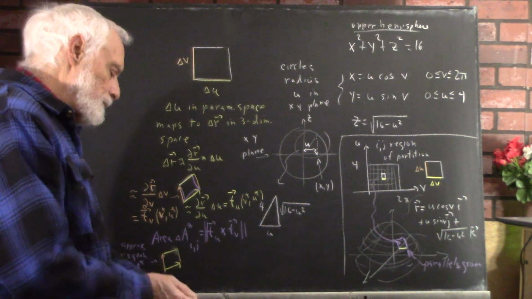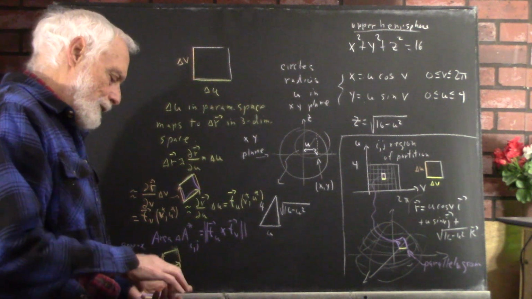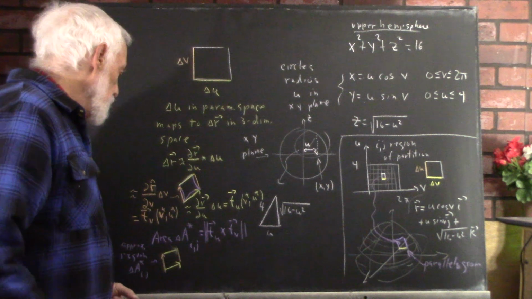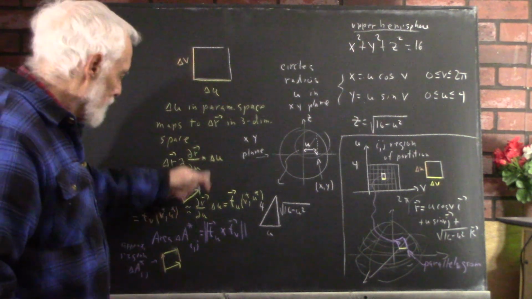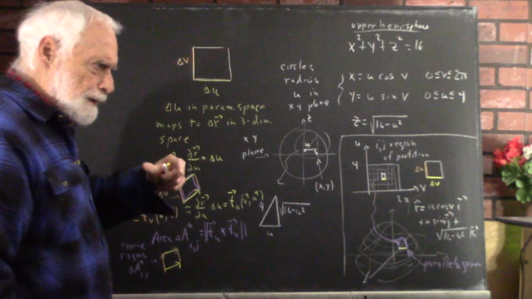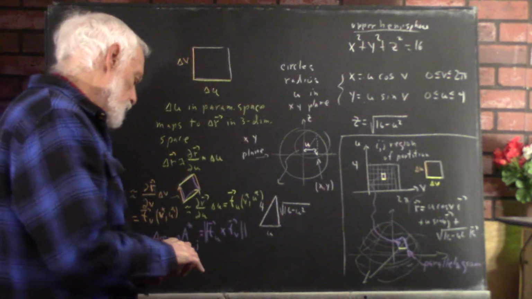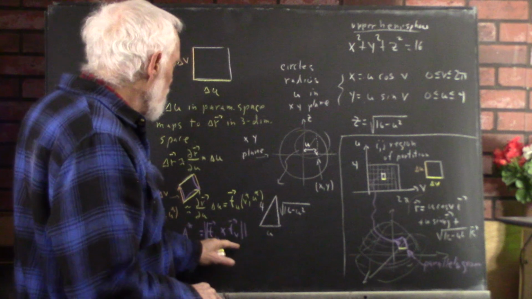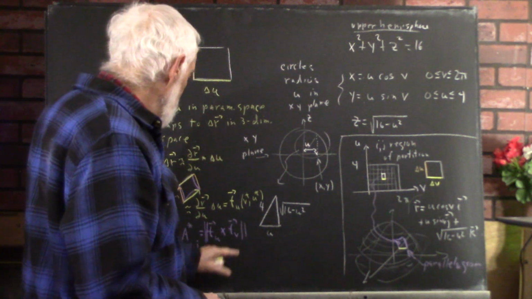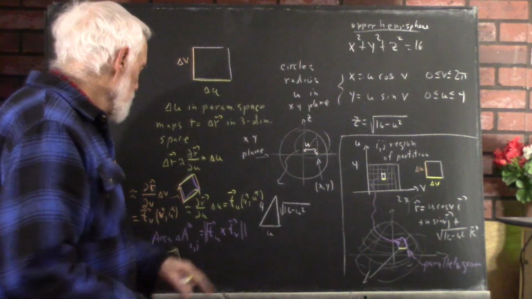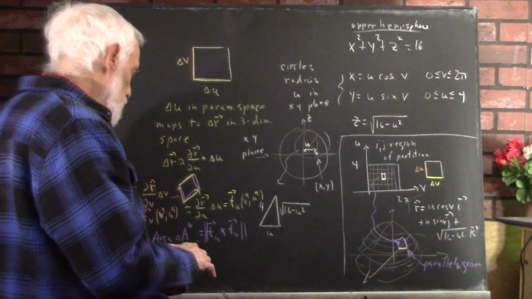That and the triple cross product just have to be part of your mental makeup at this point. If it's not, you should review it. But anyhow, by this well-established fact, this is the area of this thing.